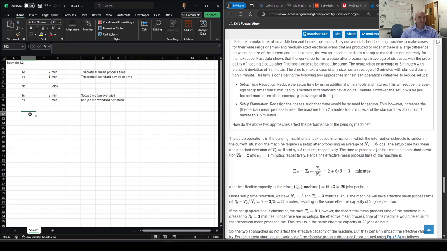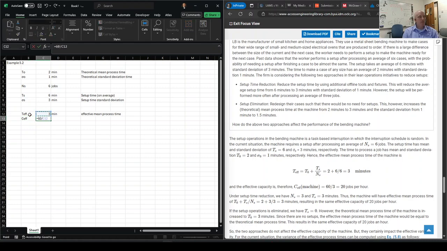So let's do that. Our effective mean process time is equal to the theoretical, which is 2, plus the setup time divided by the number of jobs. And that is going to be 3 minutes. So this is our effective mean process time. And now we can take that and create the capacity. What is the capacity?